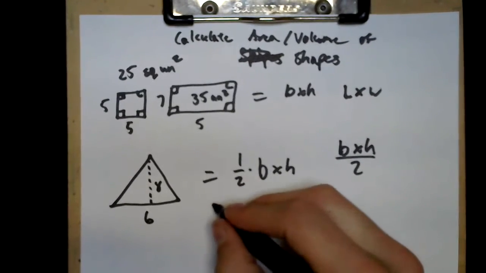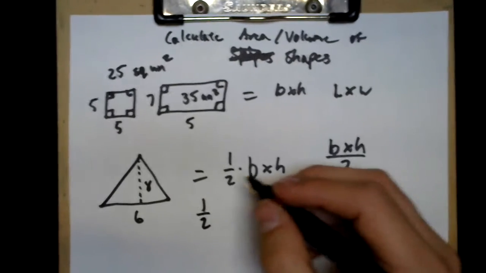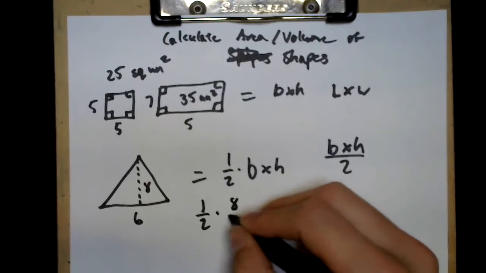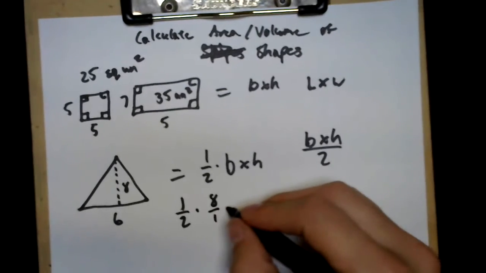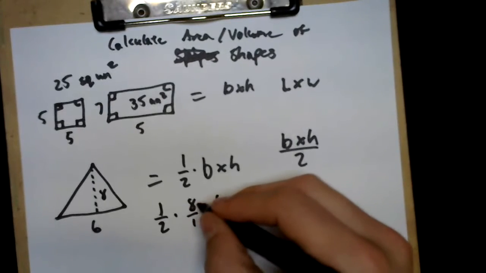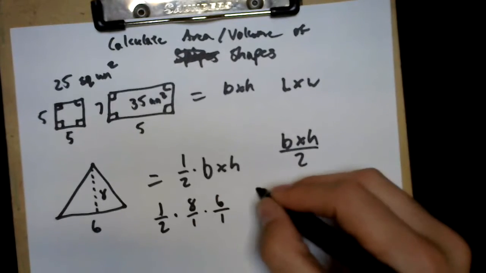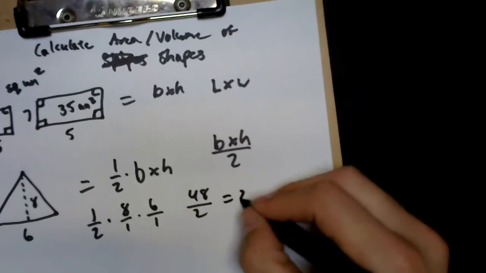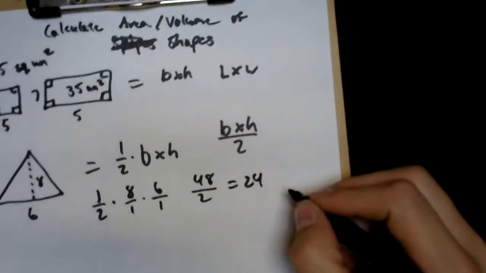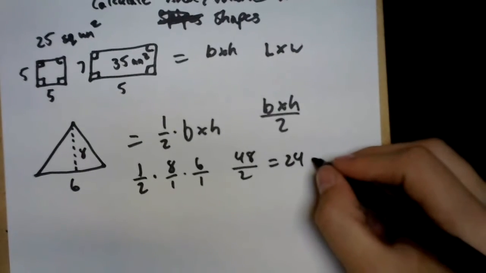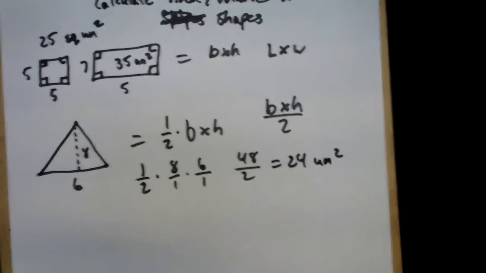So we know that 1/2 times 8, I'll put it over 8 over 1, times 6. Well, 1 times 8 is 8, 8 times 6 is 48. 48 over 2 is 24. So there is your area of that triangle, 24 units squared.